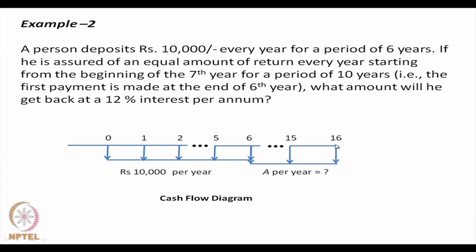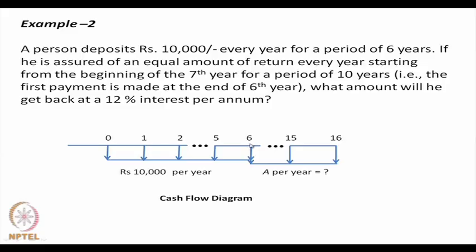So, up to the end of the 16th year he gets back, so it will be 16 or 15? If he gets here 6, 7, 8, 9, 10, 11, 12, 13, 14, 15.